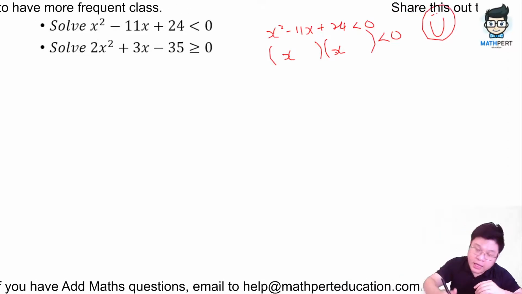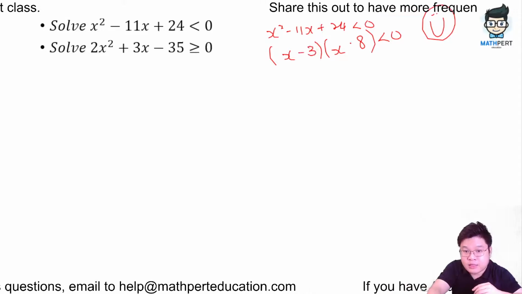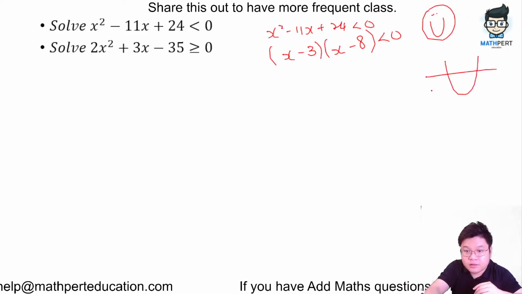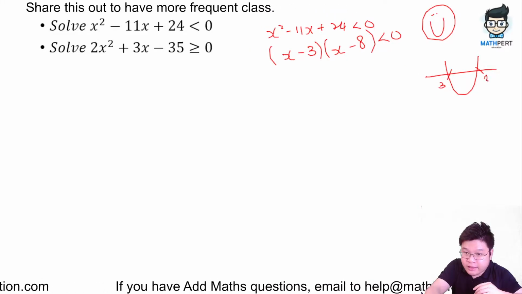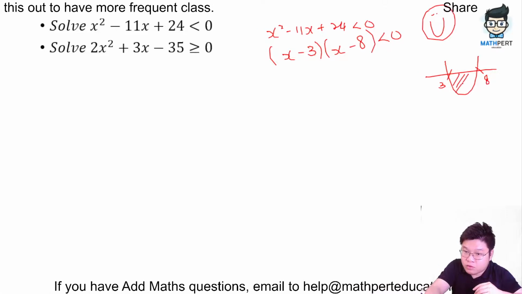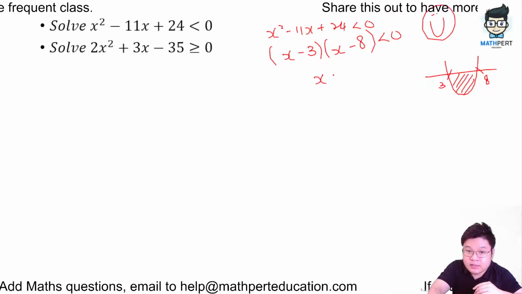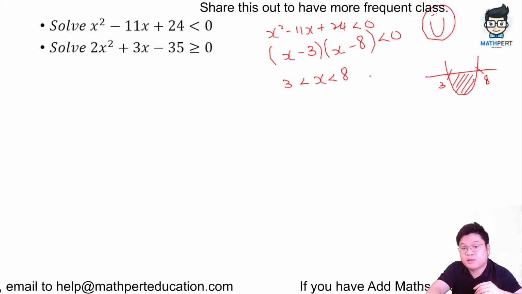I'll be using 8 and 3, negative, negative. Then we draw this, 3 and 8. Less than 0, below. So x is less than 8 and greater than 3.